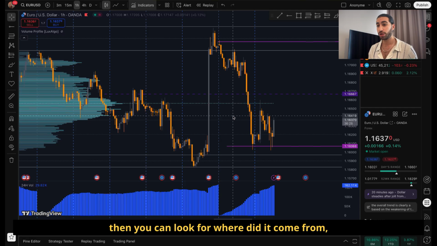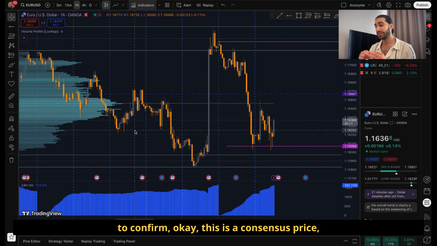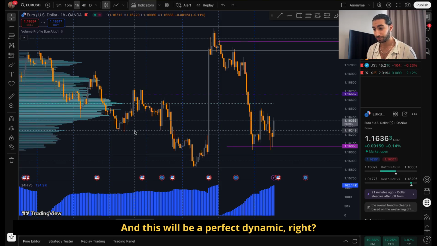Then you can look for where it came from, and here the volume profile will basically allow you to confirm, okay, this is a consensus price, and then you'll just add onto that your own areas that you consider as supply and demand, and this will be a perfect dynamic, right?